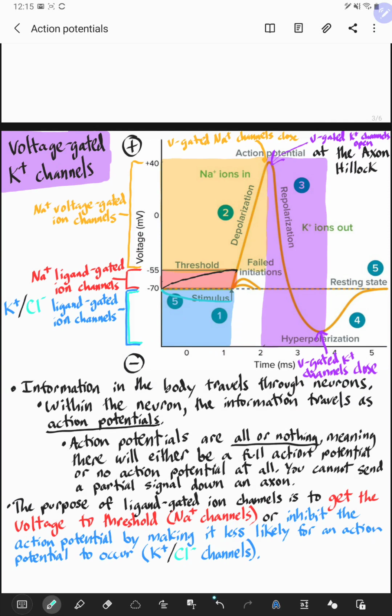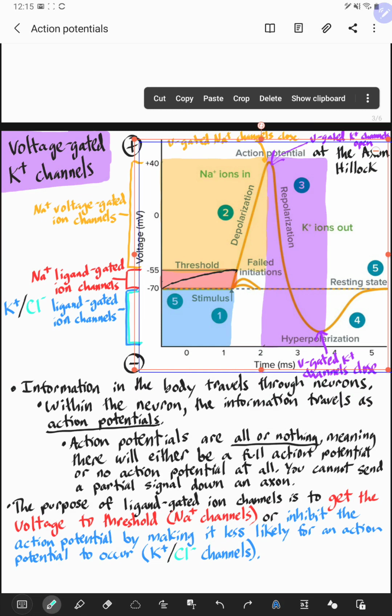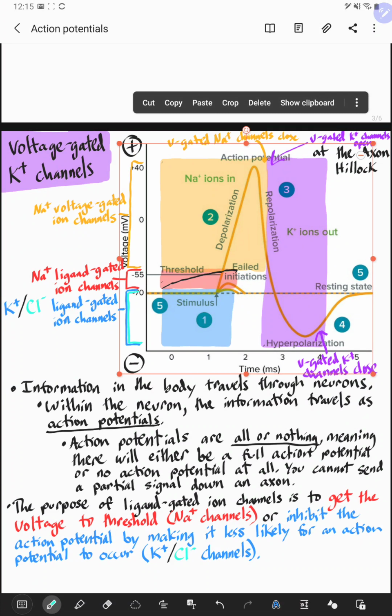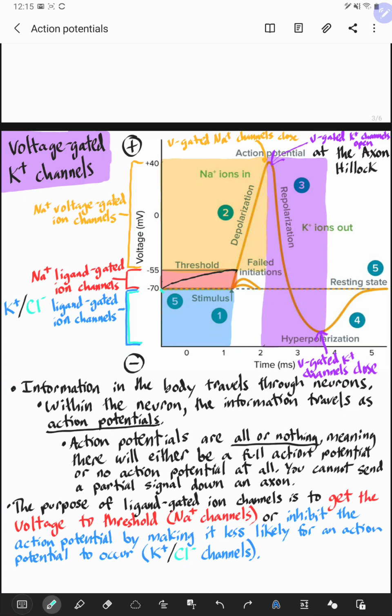And that's really, really important to remember: when the cell becomes more negative, it is less likely for an action potential to occur because we are further from threshold now. So chlorine, when it enters the cell, makes it harder for an action potential to occur.